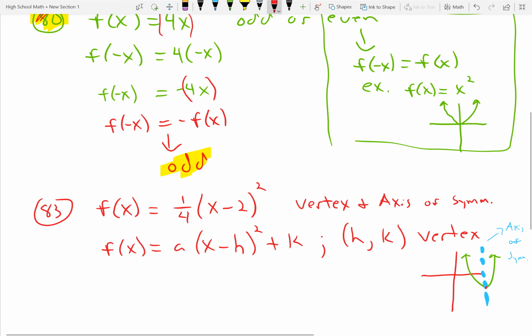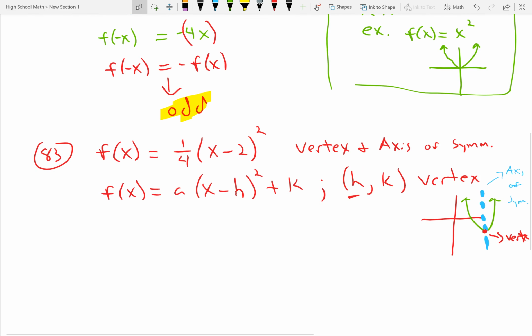It passes through the vertex. So the axis of symmetry and the vertex will have something in common, this x value. Okay, so whatever this value is here will be the axis of symmetry.